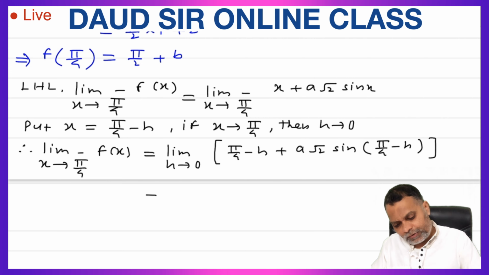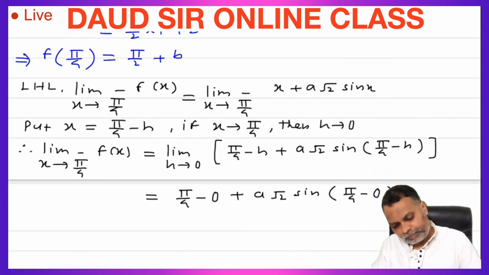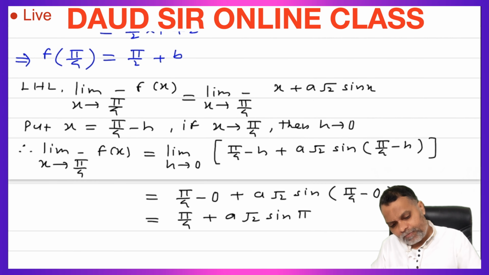Substitute h is equal to 0: pi by 4 minus 0 plus a root 2 sin pi by 4 minus 0. Pi by 4 plus a root 2 sin pi by 4.